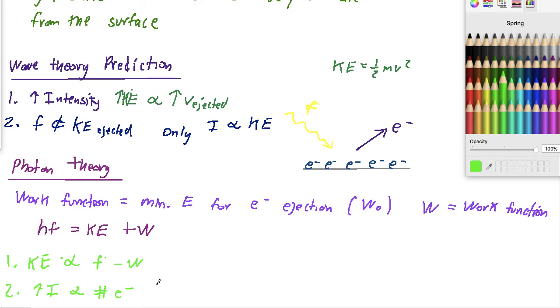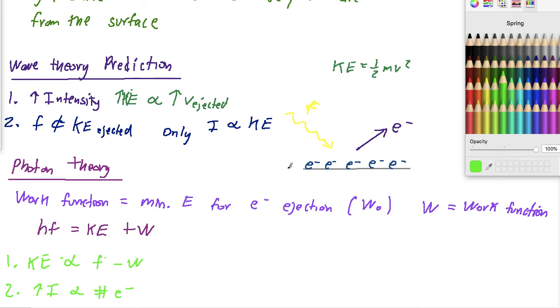That's it. So if you have enough energy within those electrons, then yes, intensity will dictate how many electrons are allowed to escape the surface.